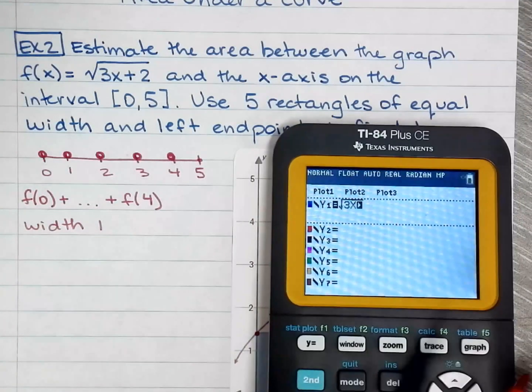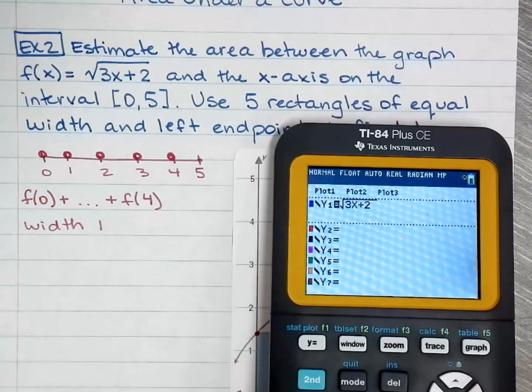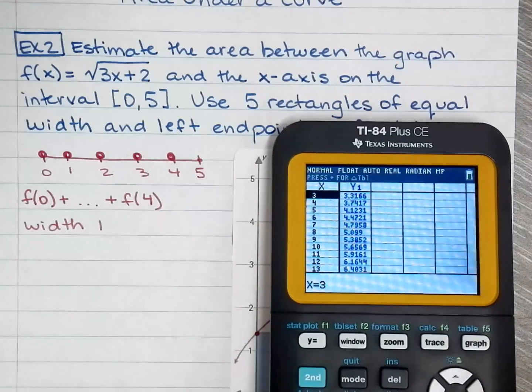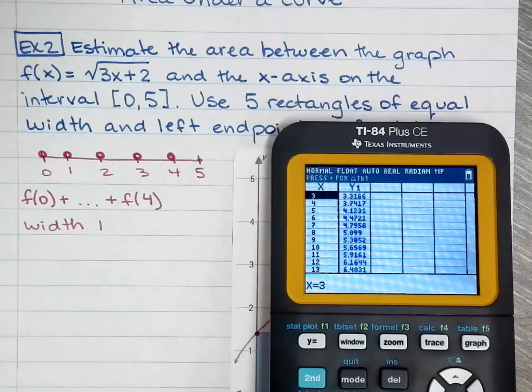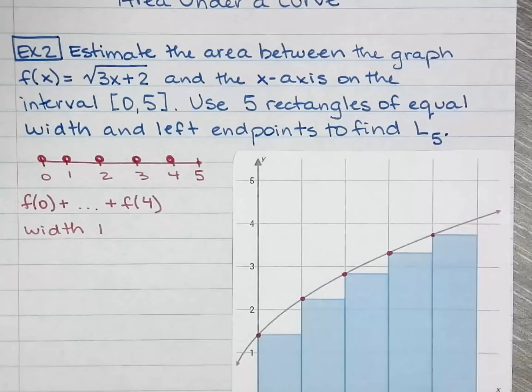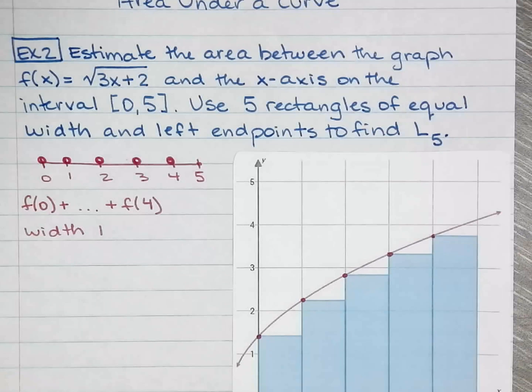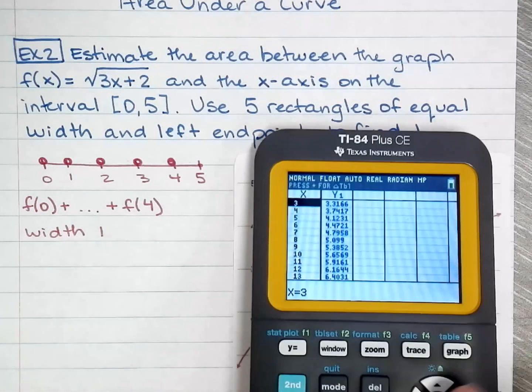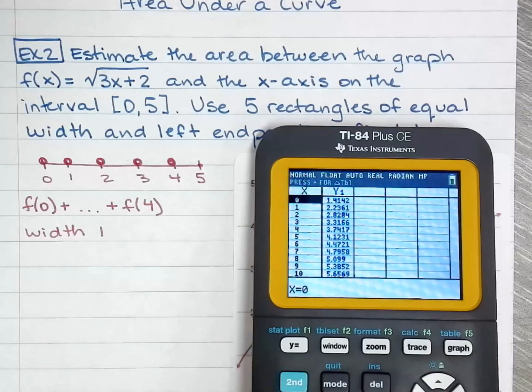So I have the square root of 3x plus 2, and it's going to be a whole bunch of decimals. So it's up to you if you want to just use the numbers from the calculator, or if you want to actually do the math and use that in terms of the square root. Either way, I would wait until the end to round your answers.